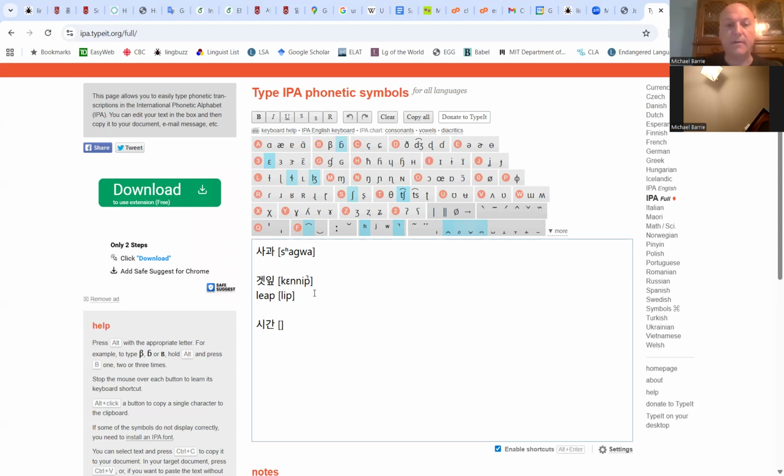So there we go. If we listen to a Korean speaker say it, you'll hear that there's a slight aspiration there. So it's often transcribed with the aspiration symbol there.